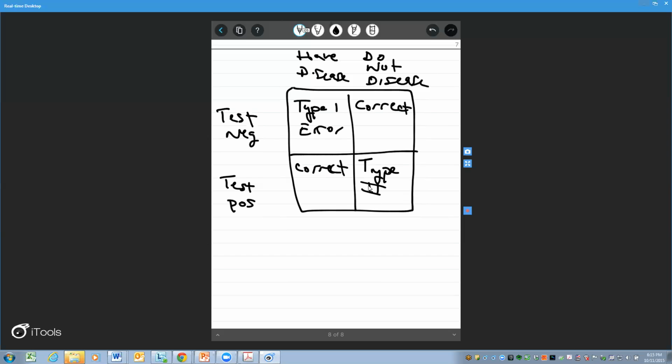Imagine having a test for cancer, and the test comes back positive. And you go in and you tell the person that they have cancer, and they actually do not have that disease.